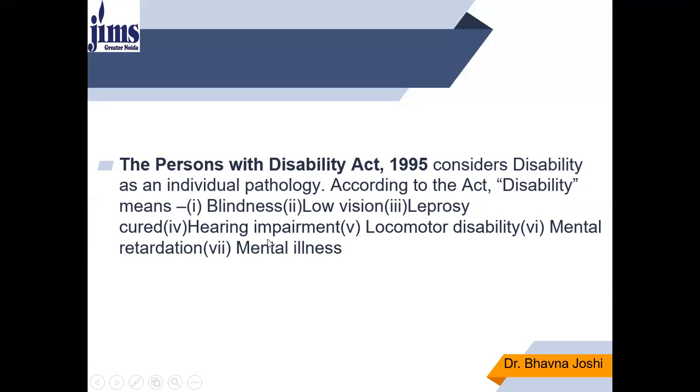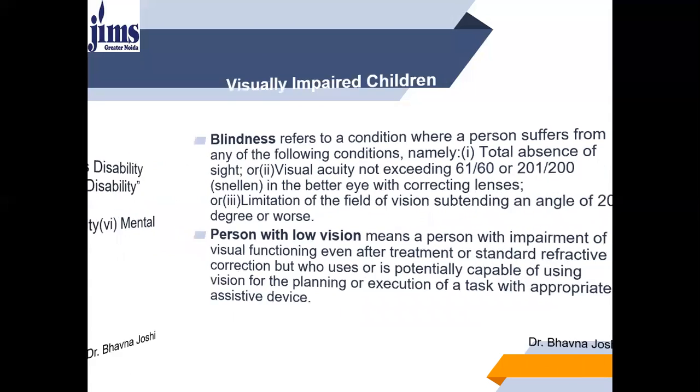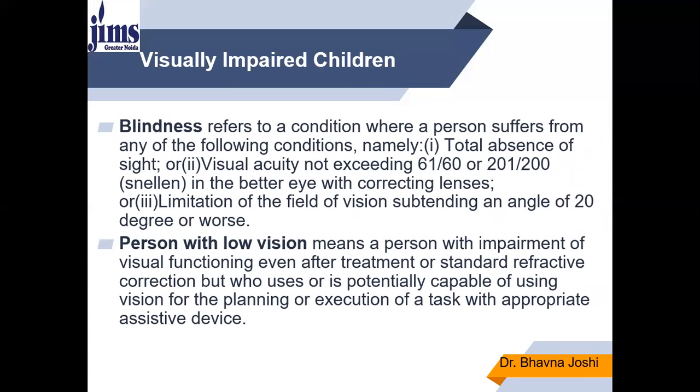All the categories stated in the Persons with Disability Act 1995 come under the word disability. So let's start with the first disability, or we should say impairment, that is visually impaired children. Visually impaired children are children who are not able to see the world with their eyes.